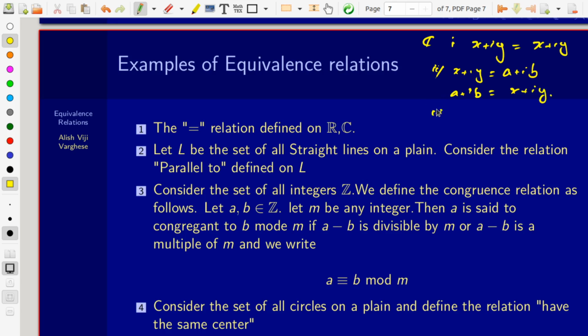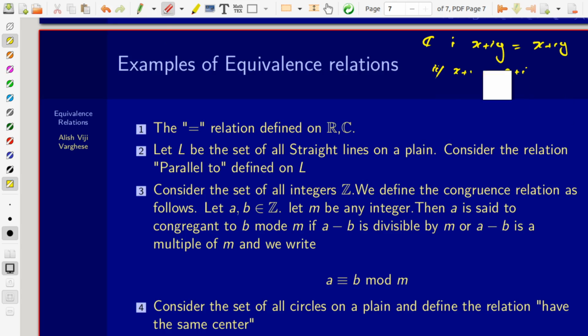Then the third one: if you have three complex numbers, x + iy is equal to a + ib, and a + ib is equal to c + id, then we can conclude that x + iy is equal to c + id. So the first one is the reflexive property, the second one is symmetric, and the third one is the transitive property.